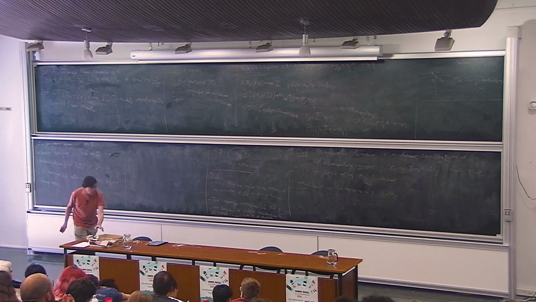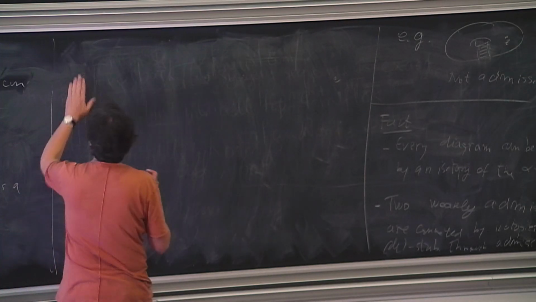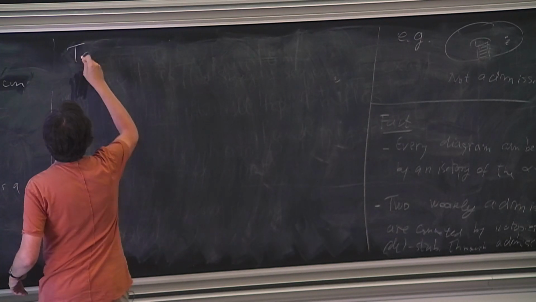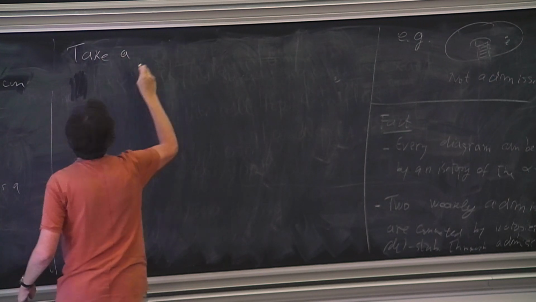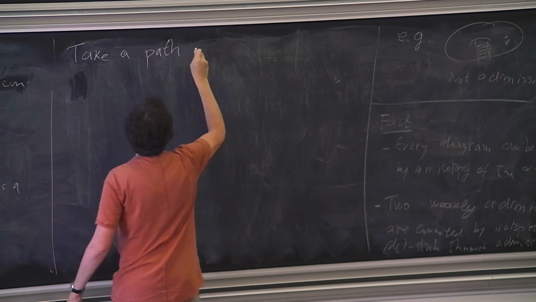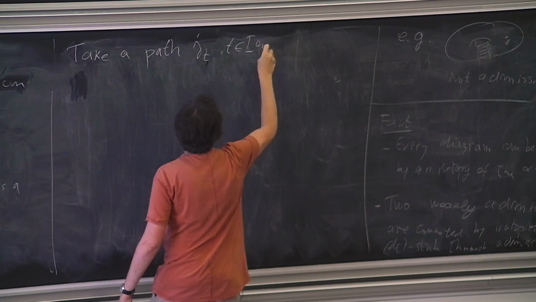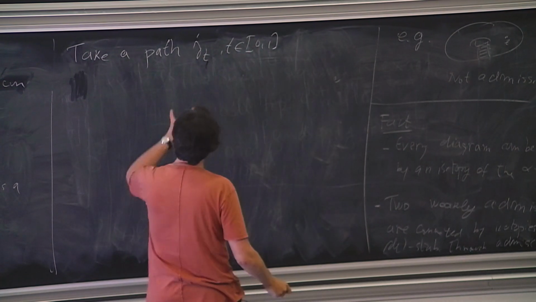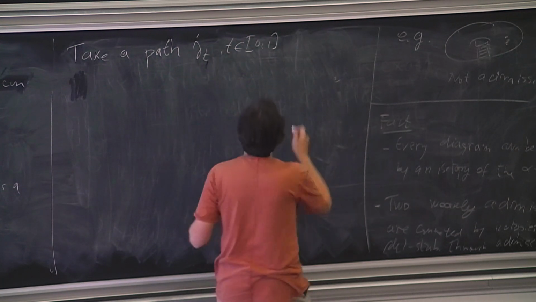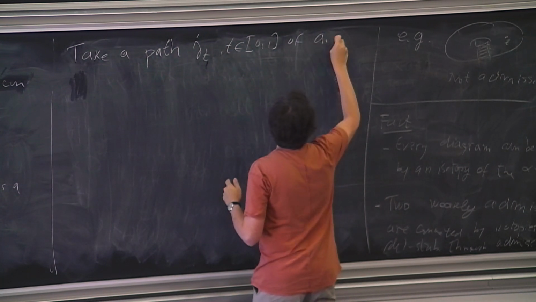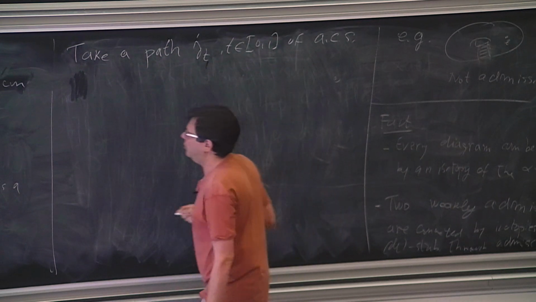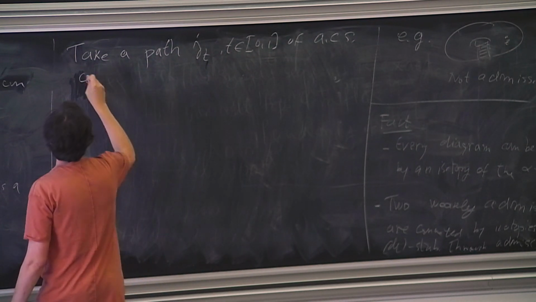Then we take a path Jt for t in [0, 1], a smooth path of almost complex structures compatible with omega.